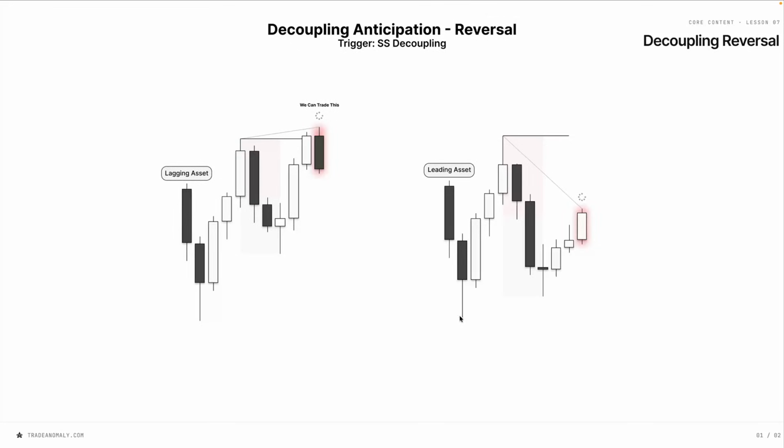Notice how there's no SMT at the lows, so we already know that this is unlikely to catch up and break this SMT up here. And also in terms of advanced premium discount, this asset is at EQ, it's not creating that close proximity SMT, so it's probably not going to catch up. So we can actually begin to trade this. We can understand that just a coupling move is likely to resync price.